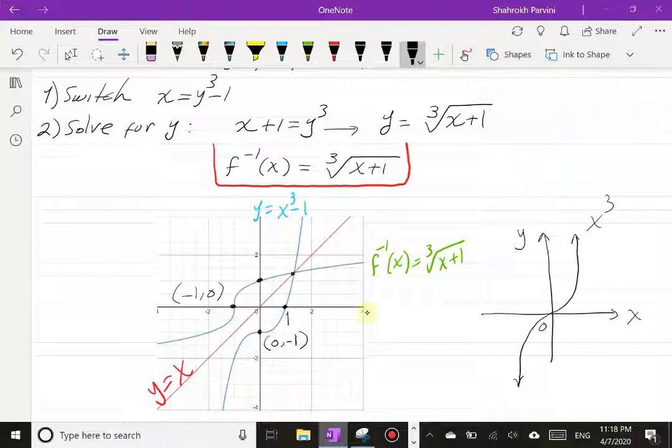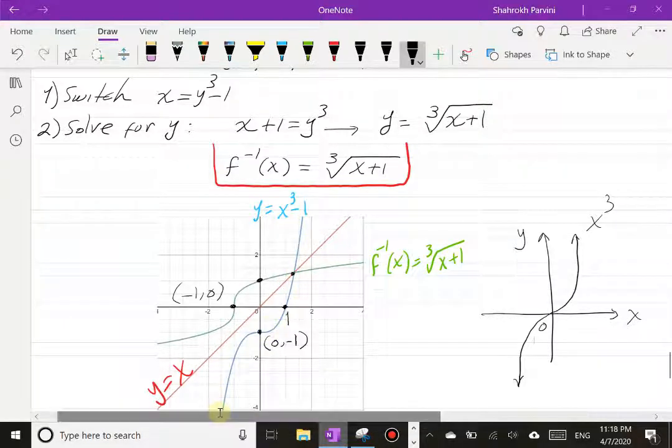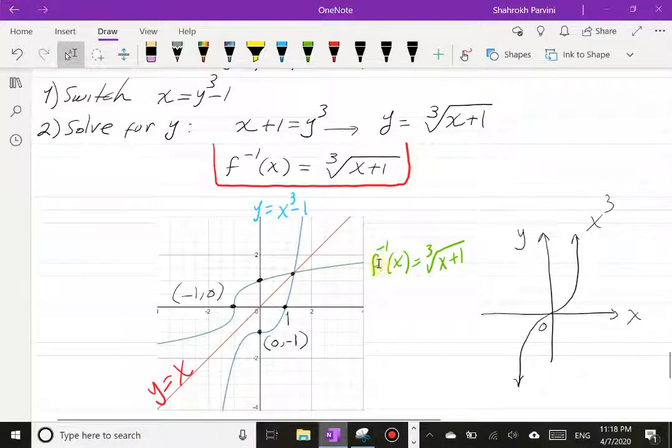So if you take this basic x cubed graph and drop it 1 unit, you're going to get this blue curve. Now this other one, you don't graph this one. Actually, I had to find the inverse in order to get the software to graph it.